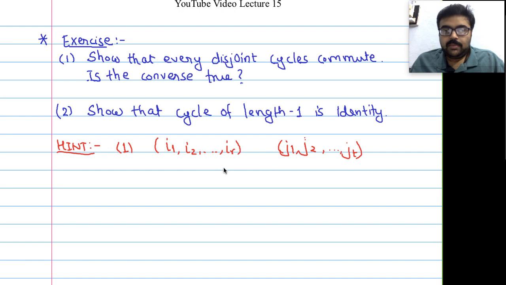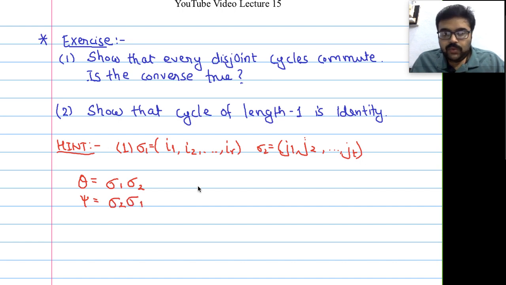They commute. Let us call the first cycle sigma 1 and the second sigma 2. Then theta equals sigma 1 sigma 2, and call psi equals sigma 2 sigma 1.